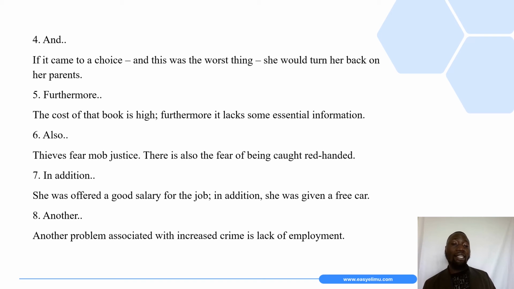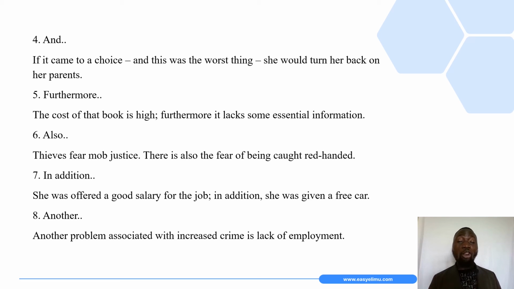That is an idea, expressing a complete thought. Then another idea is that the book lacks some essential information. So if we use "furthermore" to add that on top of the fact that the cost is high, then we will say that the cost of that book is high. Furthermore, it lacks some essential information.